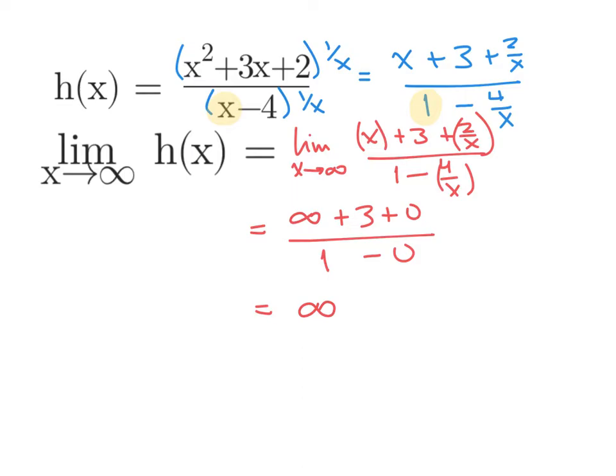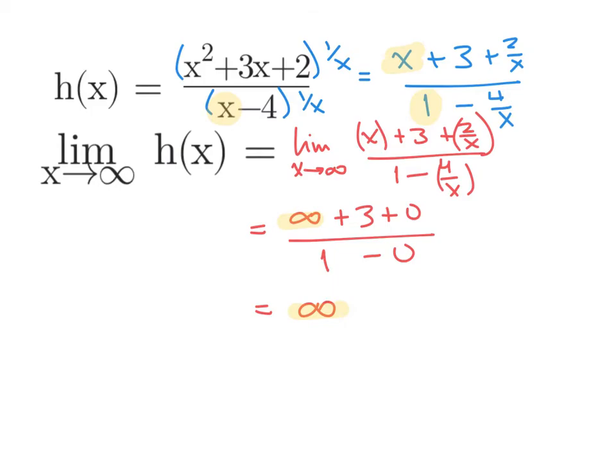I won't have 0 in the denominator, so I'll actually be able to divide by a number. Sometimes, when the numerator has a degree that's larger than the denominator, we'll also end up with this x in the numerator. It's that x that ended up turning into infinity, and that limit will always be infinity whenever the numerator has a larger degree.